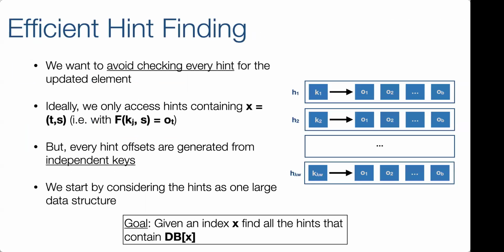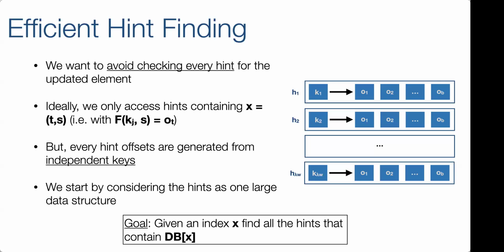Okay, so what is our goal? Our goal is to get an efficient hint finding algorithm. We want to avoid this check where we pass through every single hint and run this PRF. Ideally, we only touch the hints that contain a specific element X after X is updated.